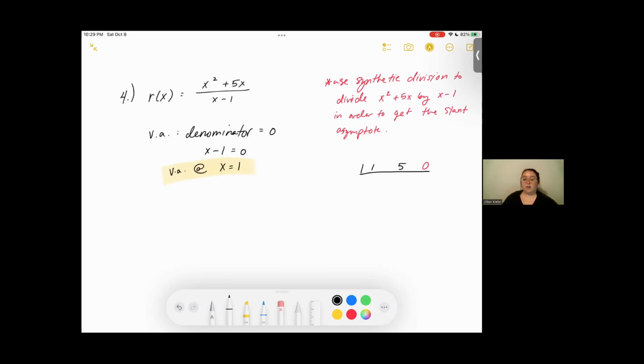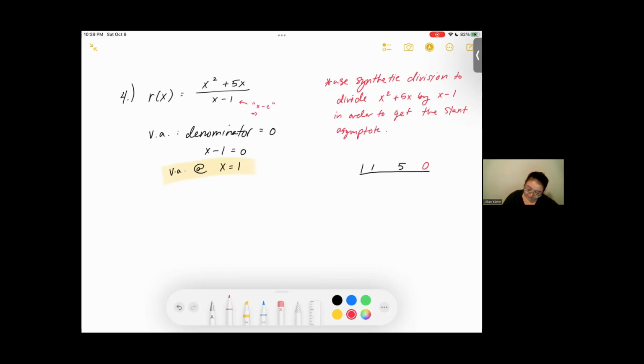We fill in our upside down house here, and the number that goes on the outside of the upside down house is the value of c. Remember we said that our denominator should look like x plus or minus c, and if it's x minus c, then we just put that number directly on the outside of our upside down house. If we look at our denominator here, we should have x minus c.